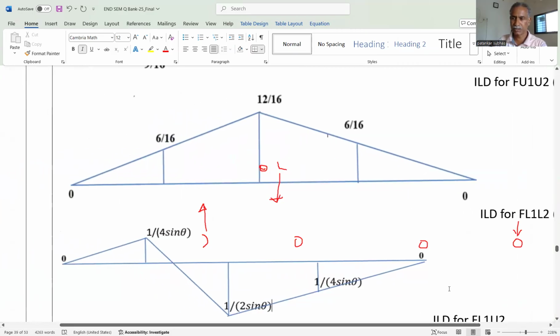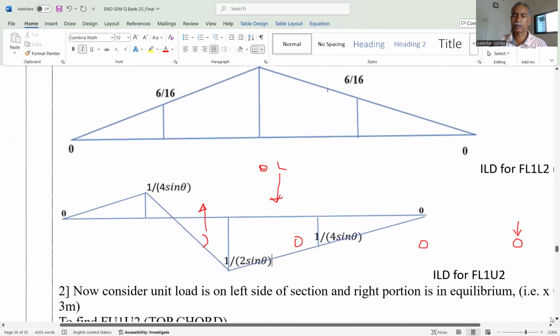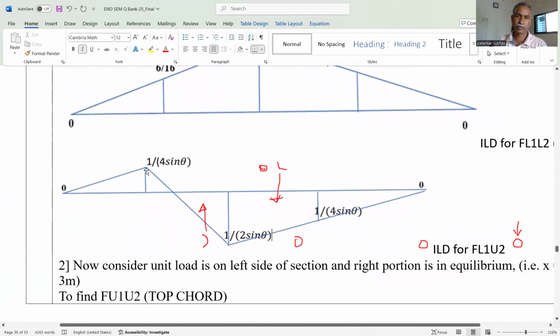Now, this is the influence line diagram for the diagonal member. 0 plus 1 by 4 sine theta. Second section we have considered, then minus 1 by 2 sine theta, minus 1 by 4 sine theta. That's why this will be like this, partly positive, partly negative.